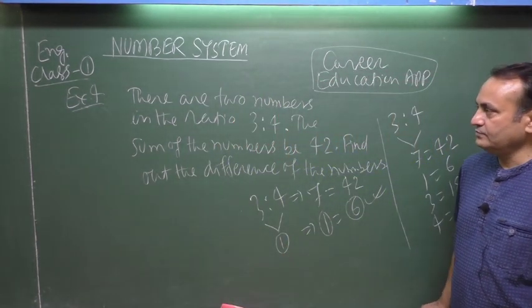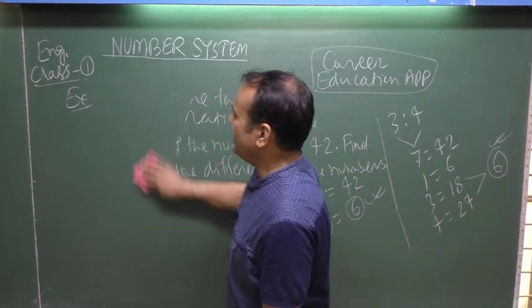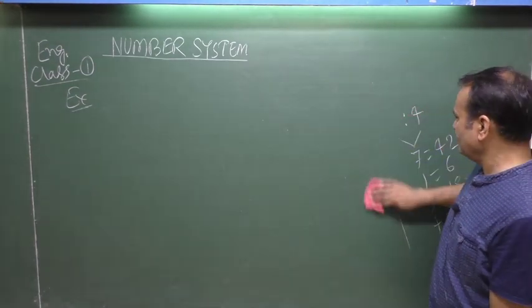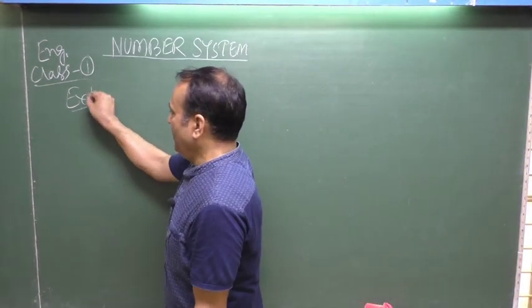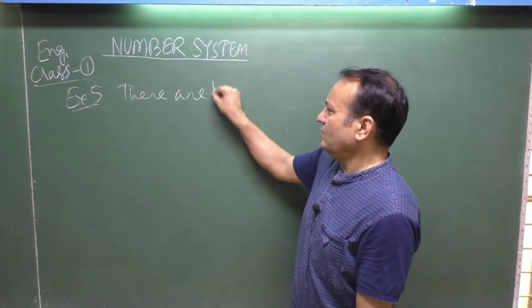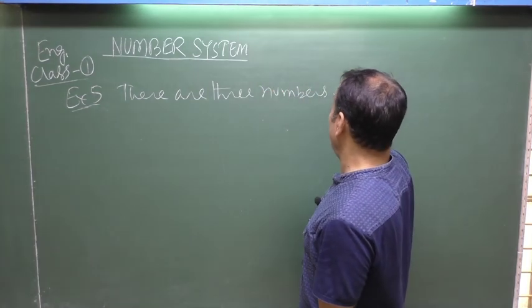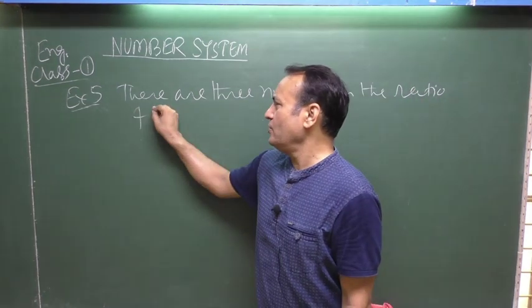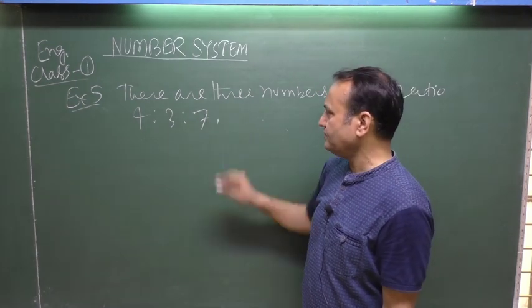See here. Example 5. There are 3 numbers in the ratio 4, 3, 7.